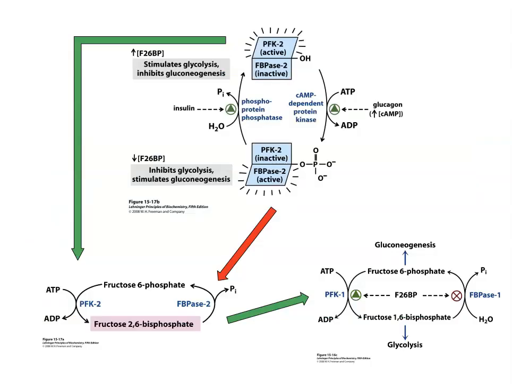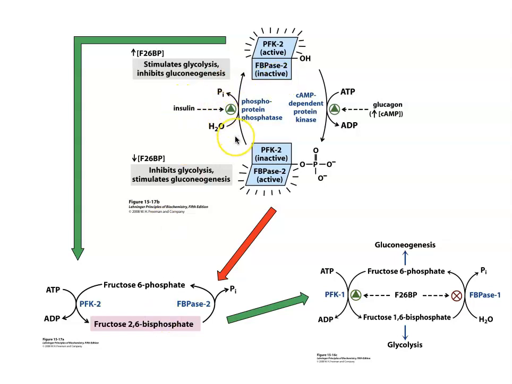And more specifics, you're familiar with these reactions. Insulin, how does it stimulate glycolysis? By dephosphorylating the enzyme that controls the production or the breakdown of fructose 2,6-bisphosphate. And what do we know about fructose 2,6-bisphosphate? It is a regulator of glycolysis.